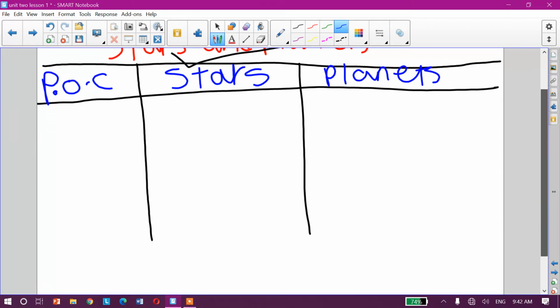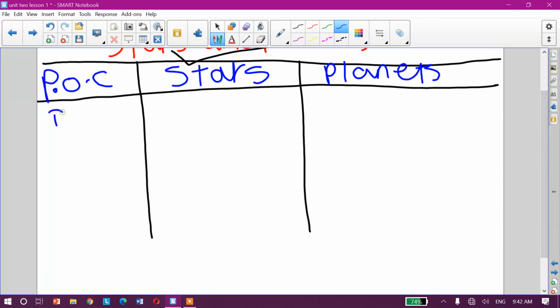All right, what else? Number one, in point of comparison, we will compare according to definition. What is the definition of stars?